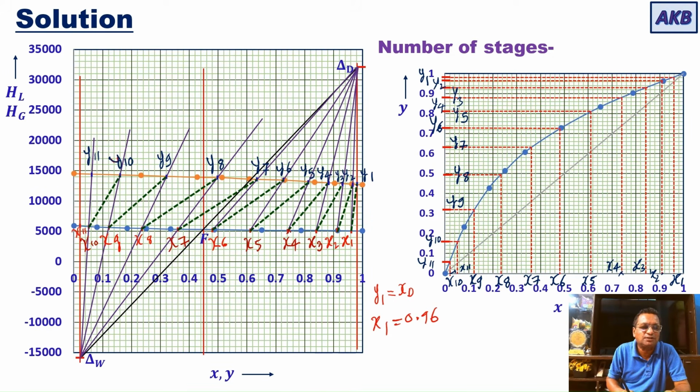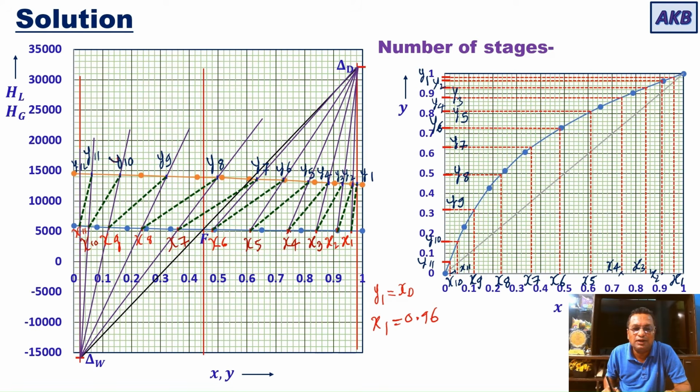Actually over here it is overlapping over the red line. And then x11 will be connected with y11. So in that process you get y12, which in this case is y12 equal to 0.02, because the construction line and the red line to XW are coinciding.